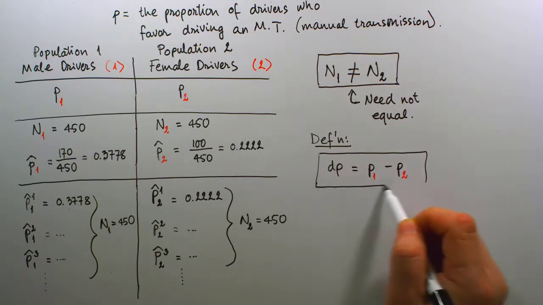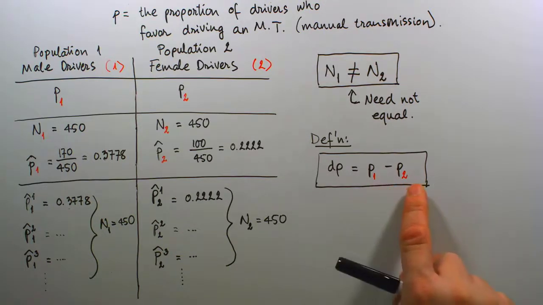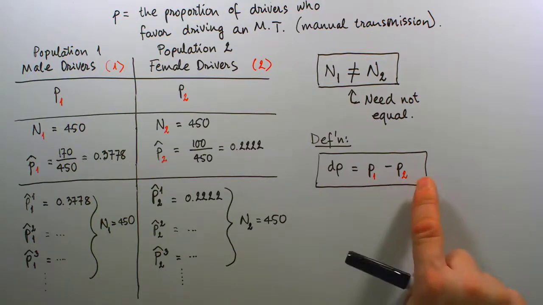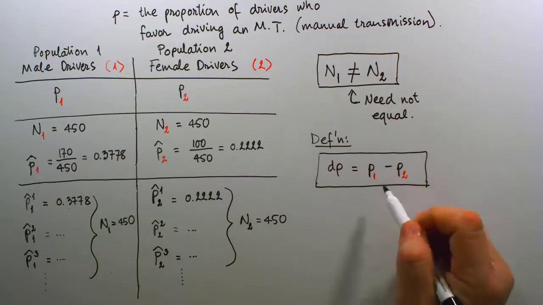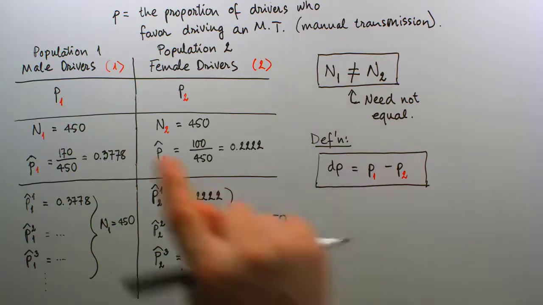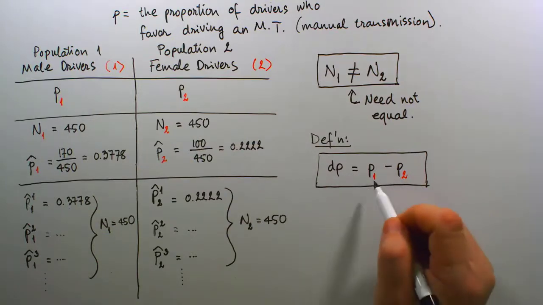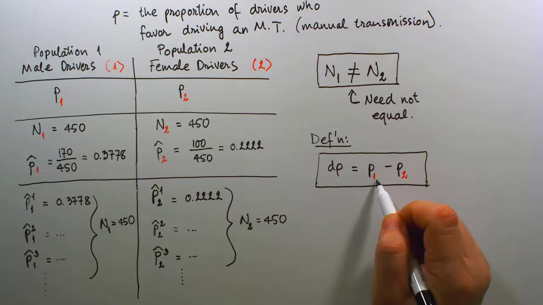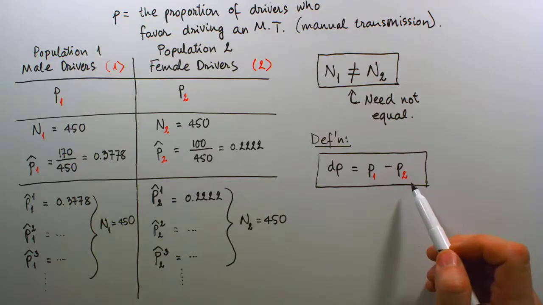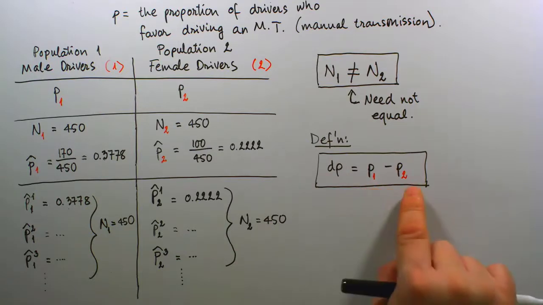But now after I put this definition in a box, I want to emphasize that the reason I changed the ink color of the two subscripts here from originally black to now red is because I want to emphasize the fact that dp, the difference in the two population proportions, is permanently defined as the population proportion from population 1 subtract the population proportion from population 2, regardless of who's playing the role of p1 and who's playing the role of p2.